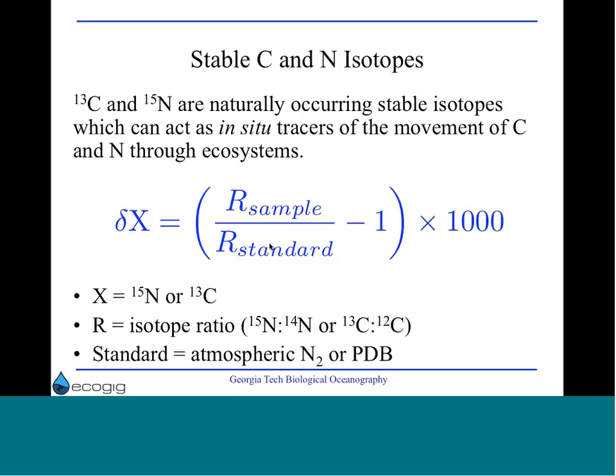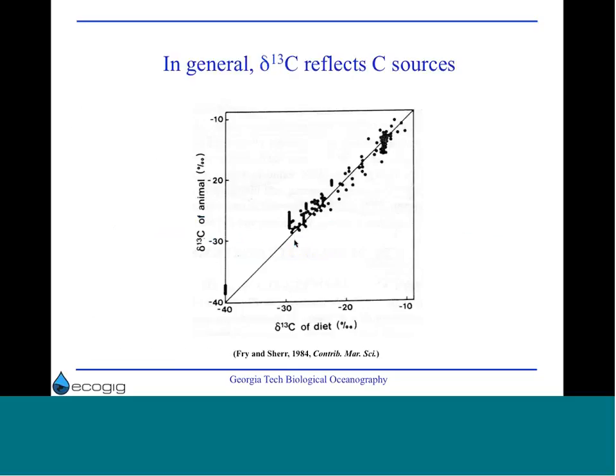It doesn't matter. More positive going delta C13s have more C13 in them. More negative going ones have less C13. Because of the standard we use, all of the values will be negative. And I'll show you a variety of these delta C13s.